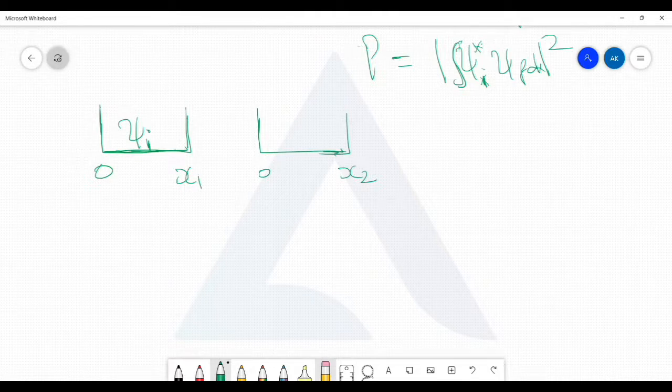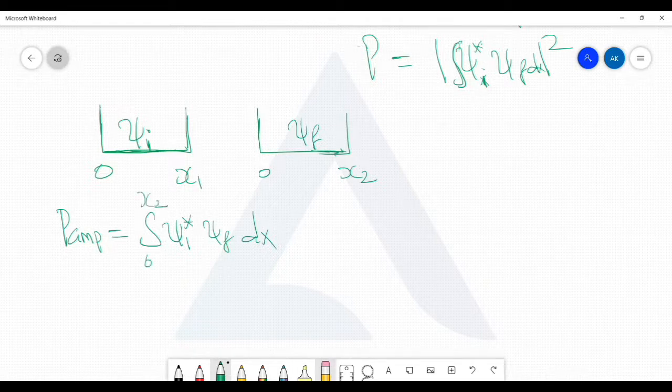This is a general case. The particle is in final state. That can be ground state, first excited state, I don't know. So the probability amplitude is equal to integral psi initial star psi final dx. So total extension is from 0 to x2, but psi 1 is existing only up to 0 less than x less than x1.